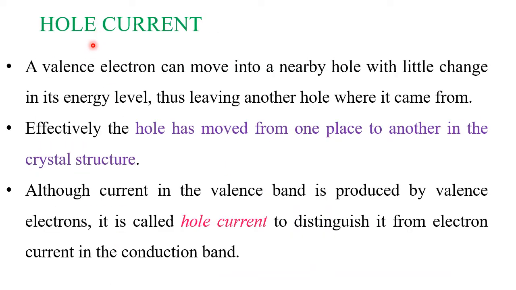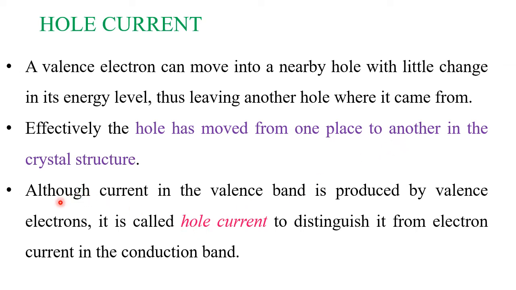Now the hole current. When an electron moves from one place to another, it also leaves a hole. That indicates that the hole has moved from one place to another, and when there is hole movement, it can also cause current.